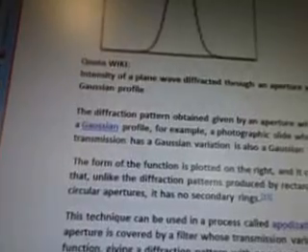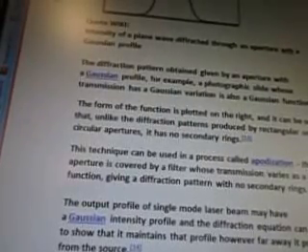The diffraction pattern obtained given by an aperture with a Gaussian profile, for example, a photographic slide whose transmission has a Gaussian variation, is also a Gaussian function. The form of the function is plotted on the right, and it can be seen that, unlike the diffraction patterns produced by rectangular or circular apertures, it has no secondary rings.